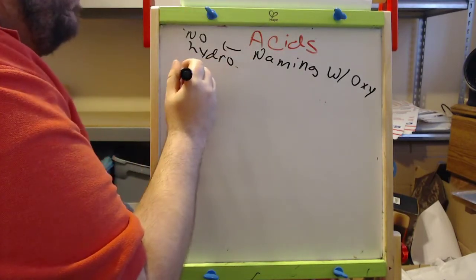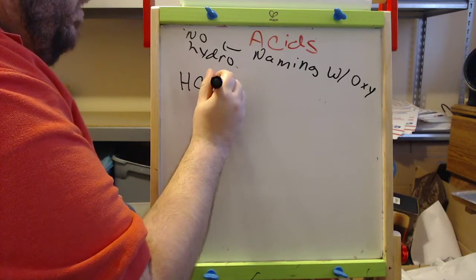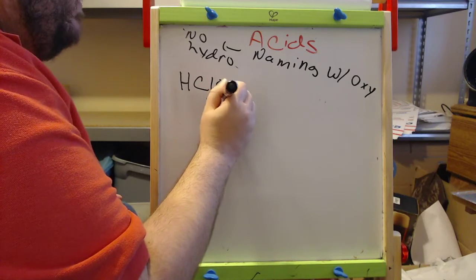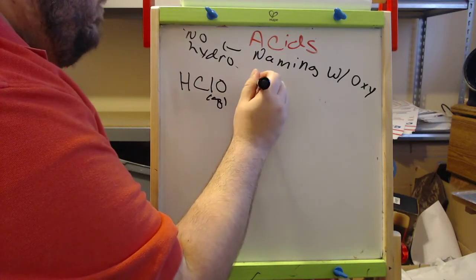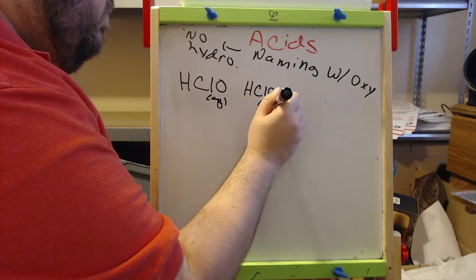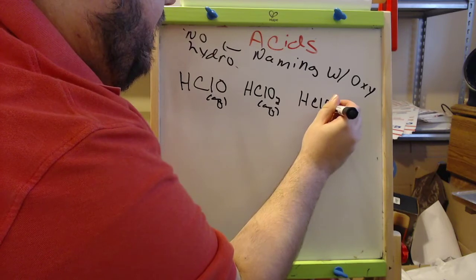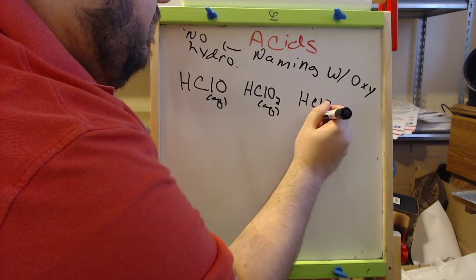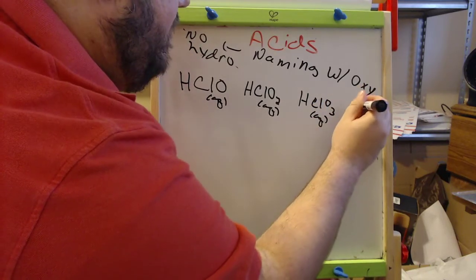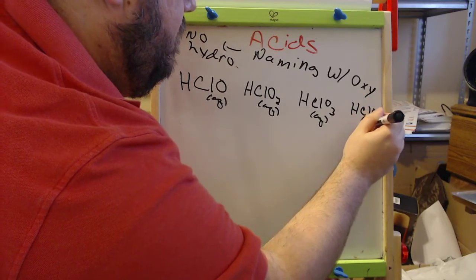So my versions of chlorate and its derivatives are the following as they appear as acids. I have HClO, HClO2, HClO3, and HClO4.